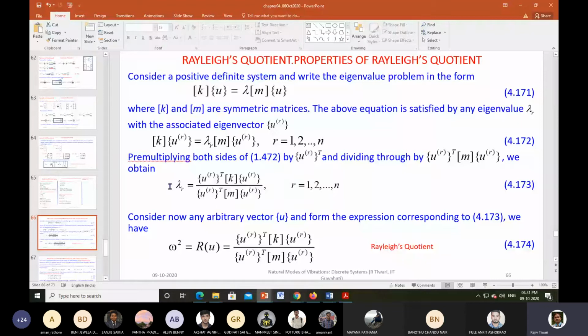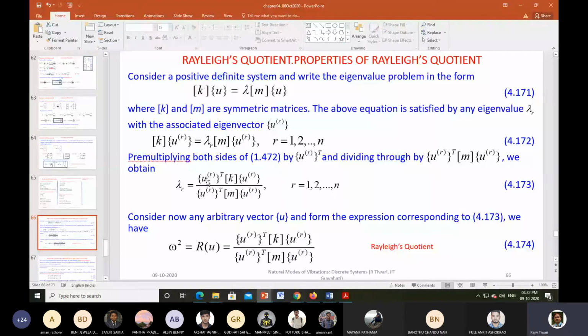So this particular ratio will be nothing but the eigenvalue. If we choose these eigenvectors, this will be the eigenvalue, where r can take values from 1 to n.